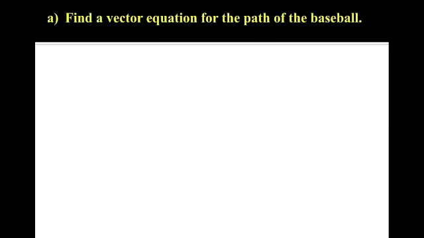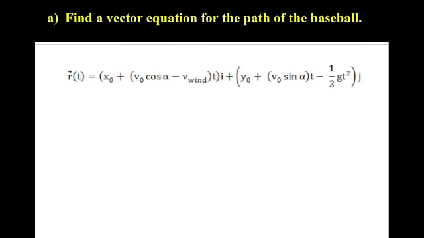So for part A, we have to find a vector equation for the path of the baseball. This is the general formula for the position vector, r(t), which is for the x component, (x naught plus v naught cos alpha minus v wind) times t, i, plus (y naught plus v naught sine alpha t minus half g t squared) j.